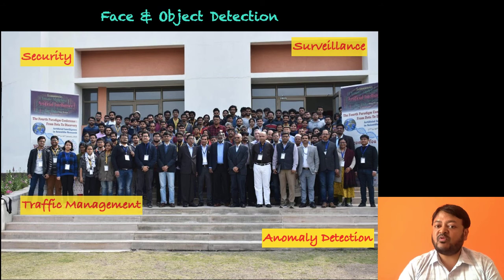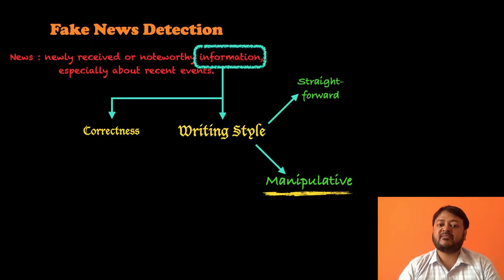Now coming to some work that we have done at IISER Bhopal on the applications of supervised learning. So we have developed an algorithm for fake news detection. News is essentially supposed to be noteworthy information about recent events, and this information is supposed to be correct, and it is supposed to be written in a straightforward manner.